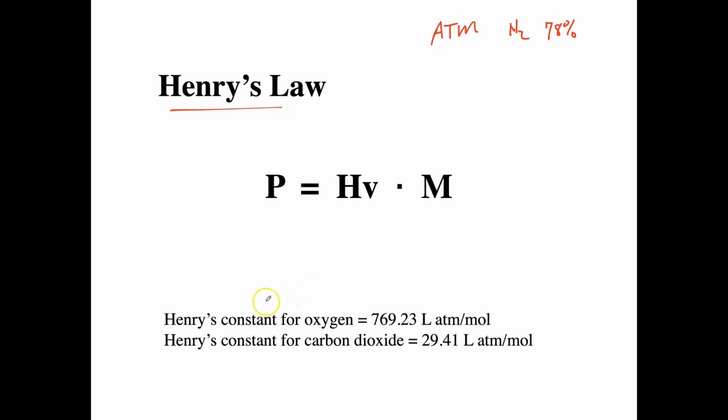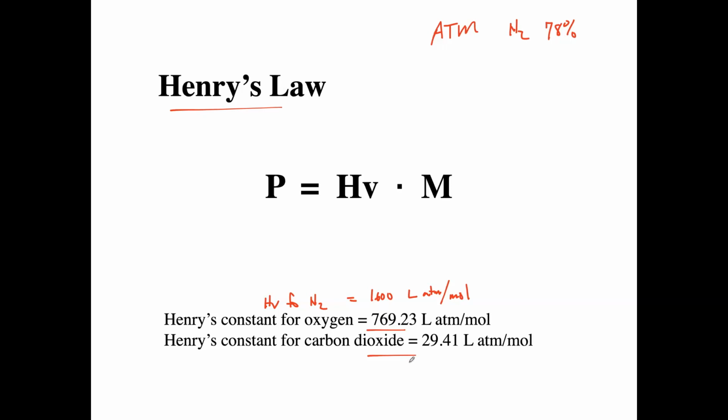If you look at Henry's constant for nitrogen, it's about 1,600 liters atmosphere per mole. That's in comparison to oxygen at about 770 and carbon dioxide at about 29 liters atmosphere per mole.